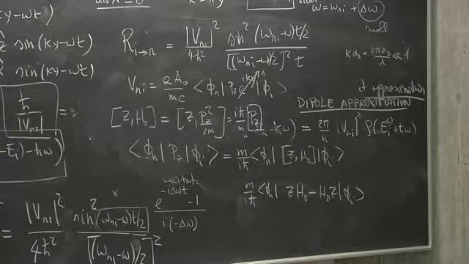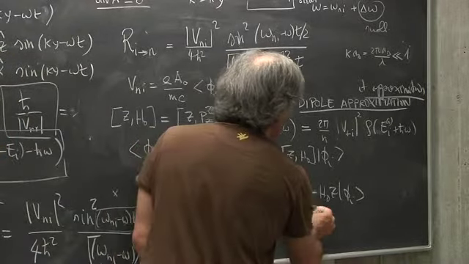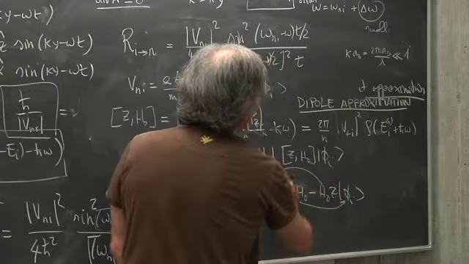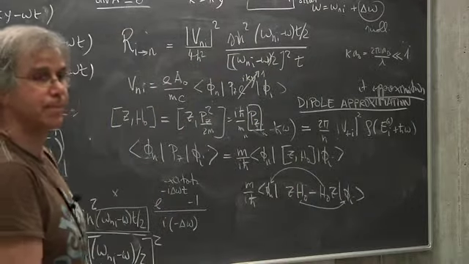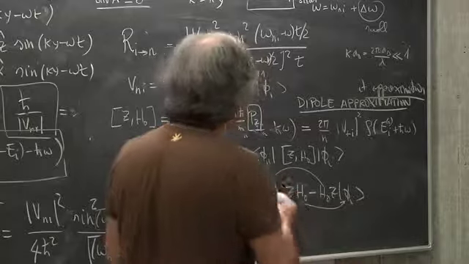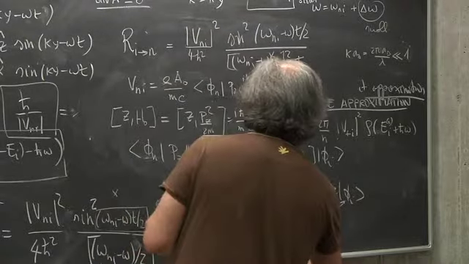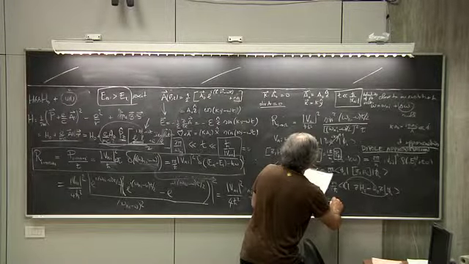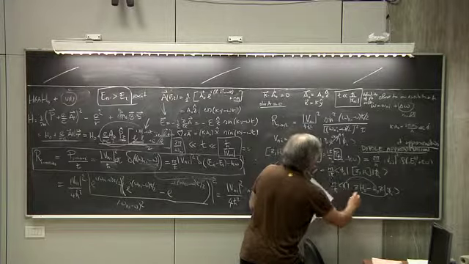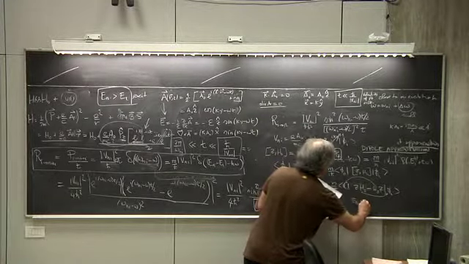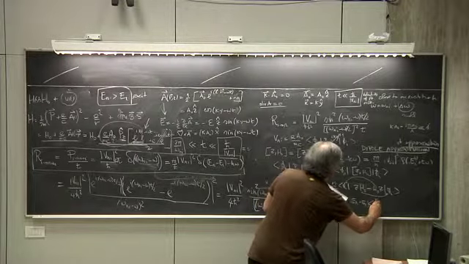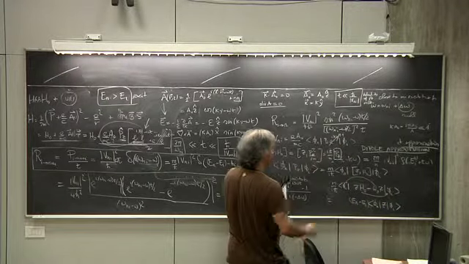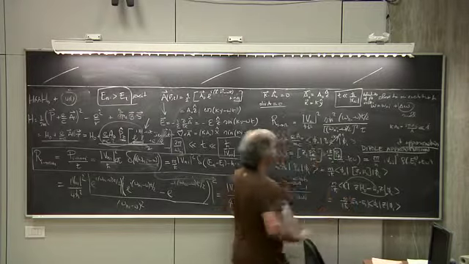You follow? And now you see that this is simple because H0 acting on the initial state will give me the initial energy, and H0 acting on the final state will give me the final energy with exactly a minus sign. So this thing is nothing but En minus Ei times the matrix element of the Z operator, times M divided by i h bar.